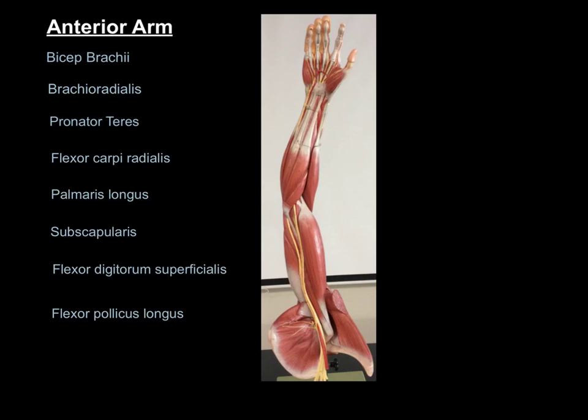So it's important that we add brachii when we're naming it and don't just call it the biceps. Again, biceps brachii, this big muscle on the anterior side of the upper arm.